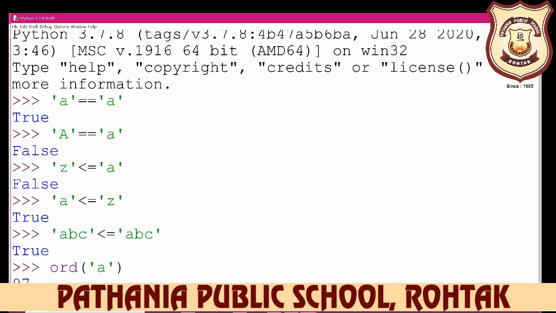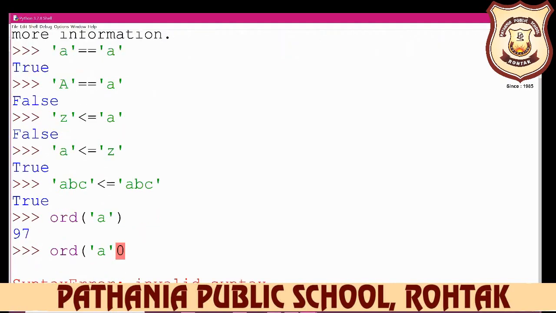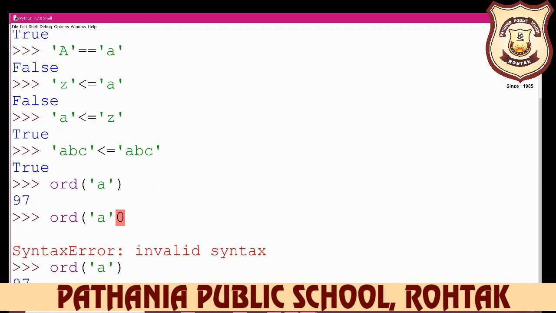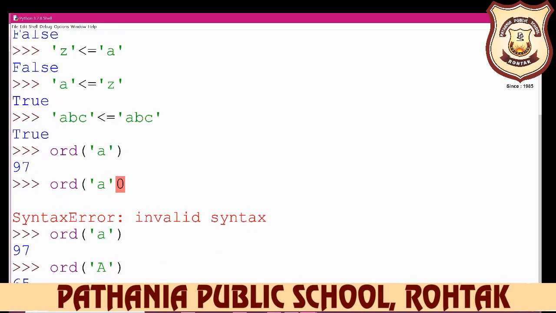But when you write ORD with capital A in brackets, the answer is different from small a. Capital A starts from 65, and if you write small a, it starts from 97.